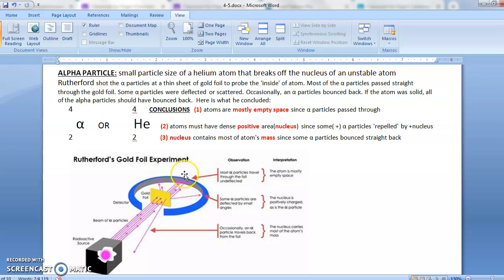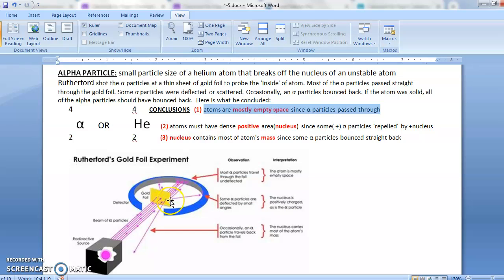The fact that most of them went right through, Rutherford realized there was a problem with Thompson's model. Rather than the atom being a solid sphere with electrons embedded in it, if the alpha particles got through it, that would mean that the atoms had to be mostly empty space, since most of the alpha particles went straight through.